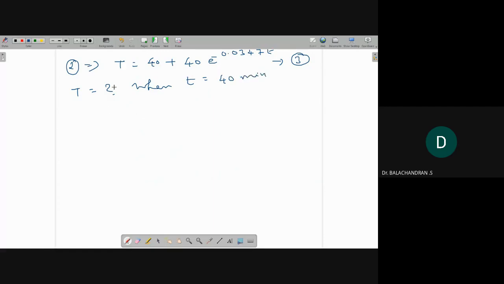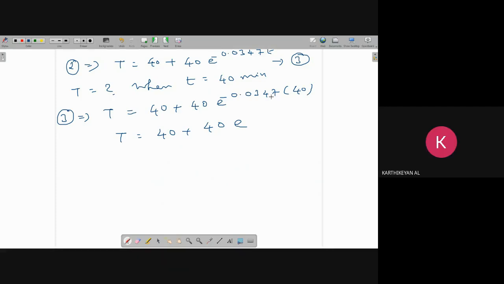So T equal to, from equation 3, 40 plus 40 into e power minus 0.0347 into 40. So please, using a calculator, tell what this expression is: multiply these two numbers and take e power.